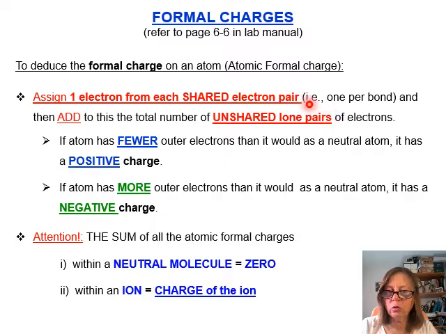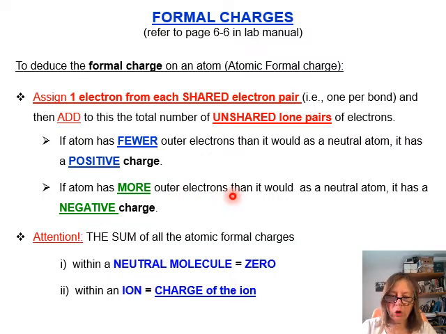If we end up with fewer electrons than the neutral atom has in the periodic table, the element has a positive charge. If we have more electrons than the element has as a neutral atom, then the atom in that molecule has a negative charge.